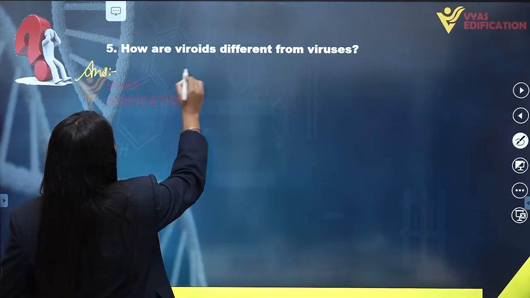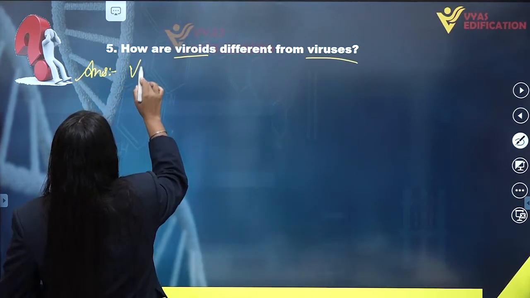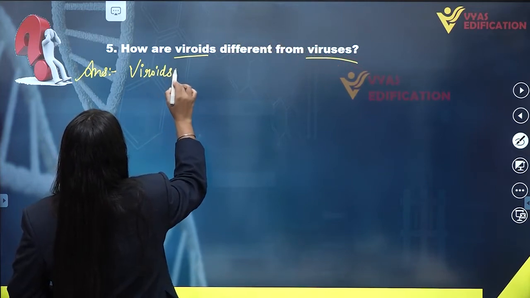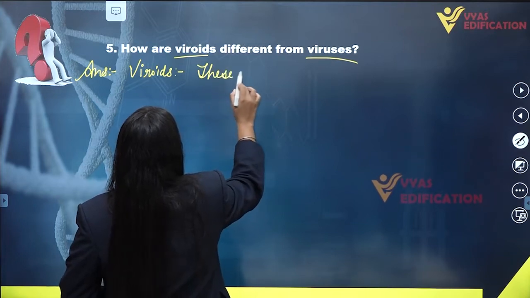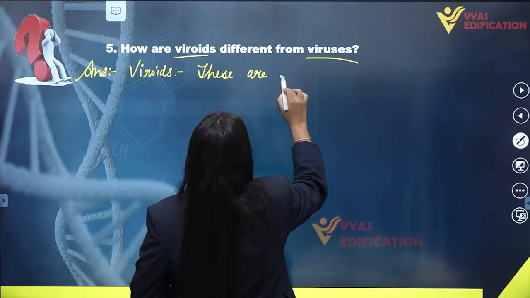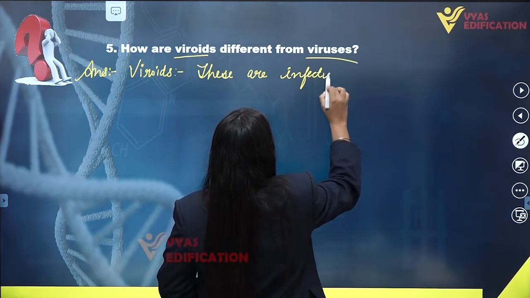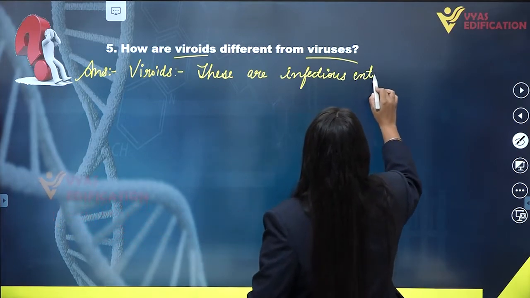First of all, we have to give the definition of what viroids and viruses are. So first we are talking about viroids. These are infectious entities.